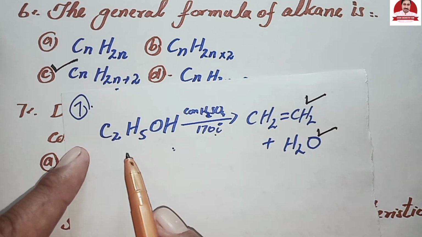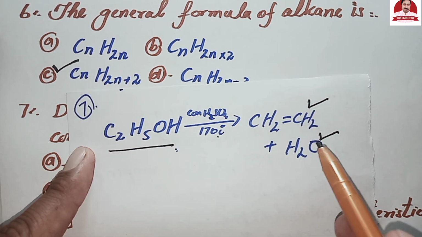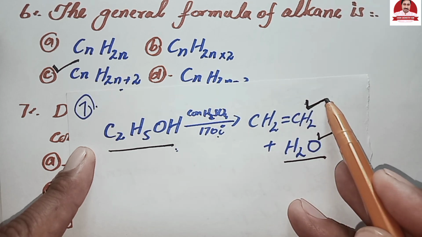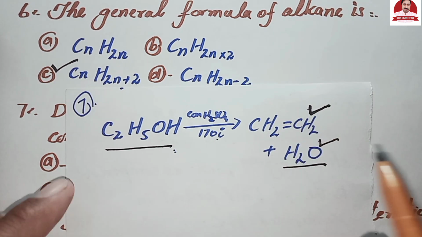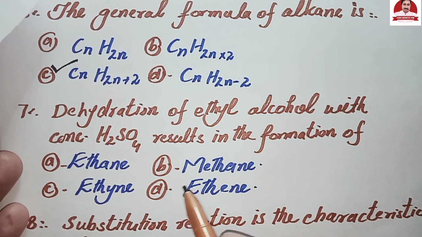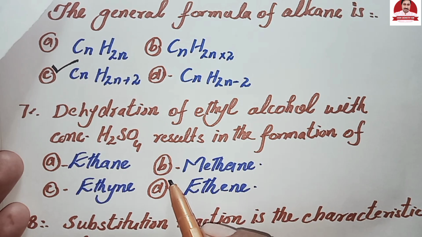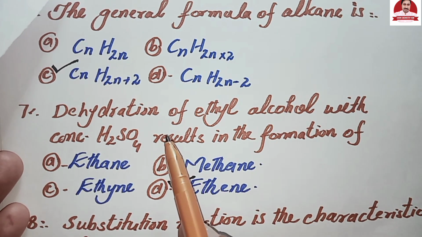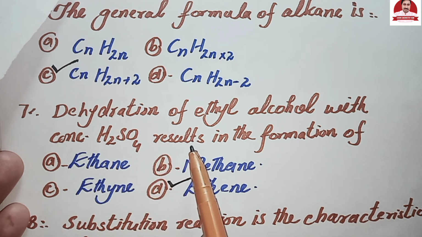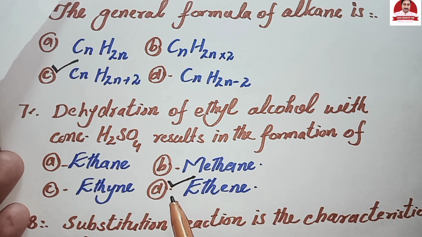So this is the dehydration of alcohol by the removal of a water molecule to form ethene or alkene. So here the option D is correct.